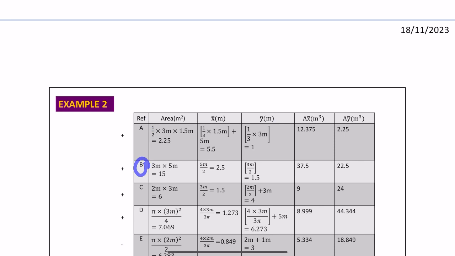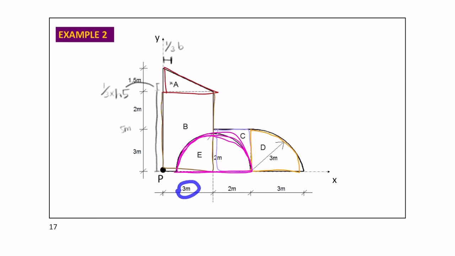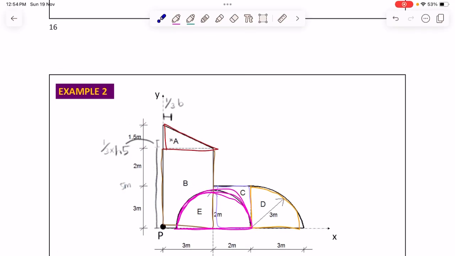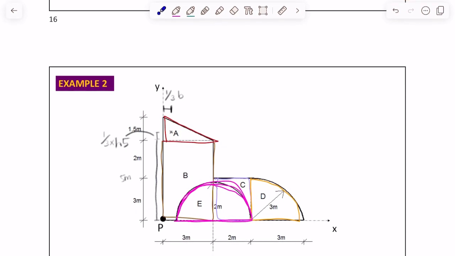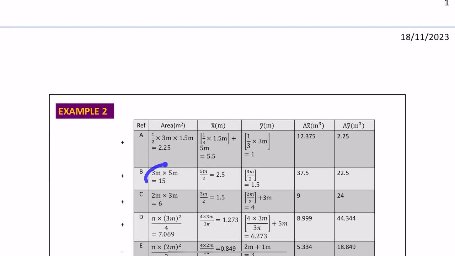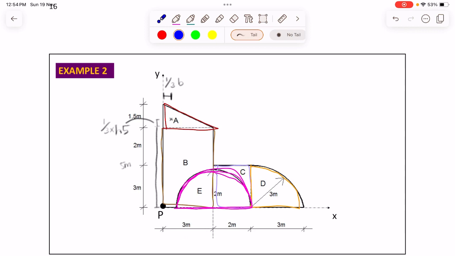Next section, B. For B, we have a rectangle. For this rectangle, the area will be 3 meter, the B, and H is 5 meter. Therefore, B times H equal to 3 meter times 5 meter equal to 15 meter square. And for x bar, it is from the centroid of the section to the x-axis.